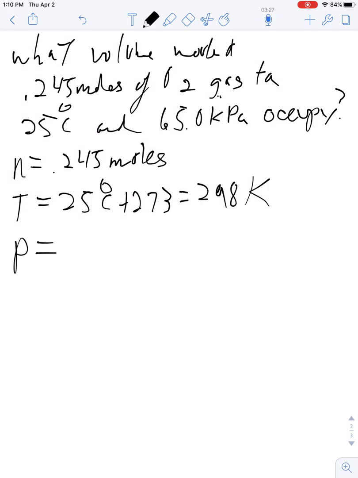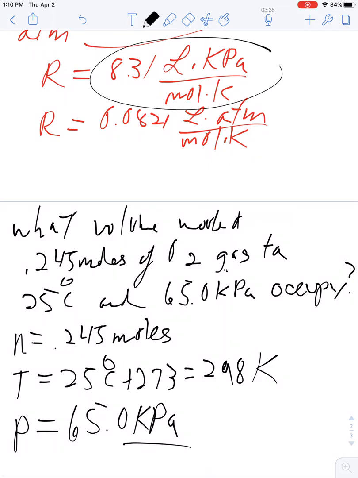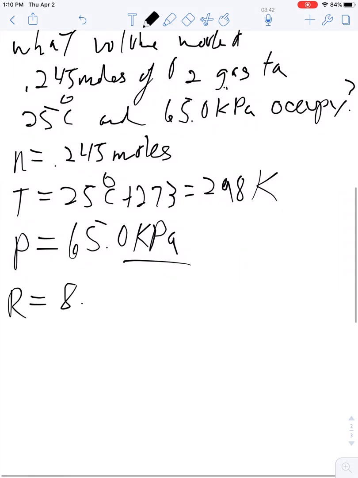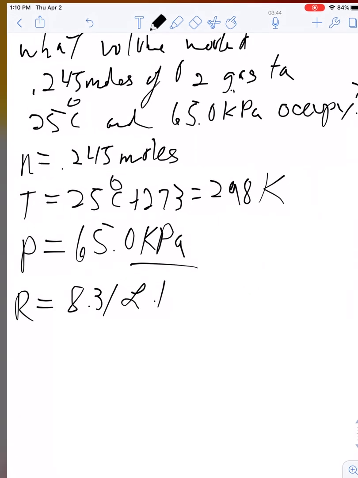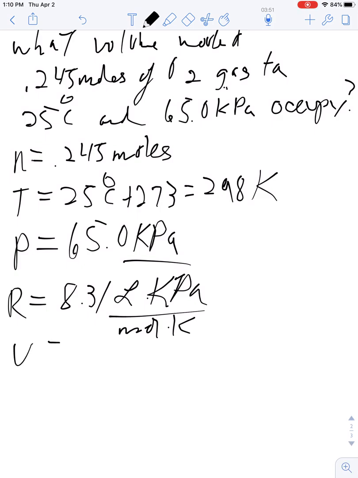Pressure. All right, what's my pressure? 65 kPa. So if my pressure's in kPa, then I'm going to use the R value that's in kPa's, so 8.31 liters kPa over mole Kelvin, and I'm going to find my volume.